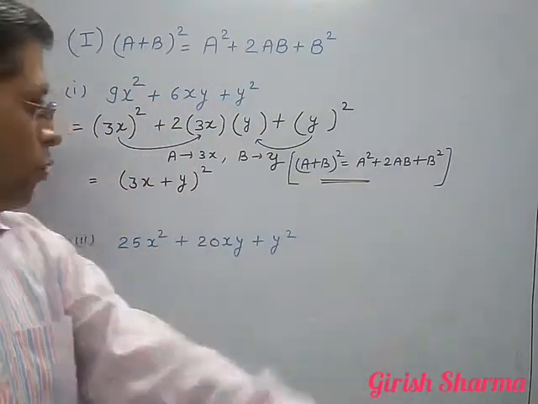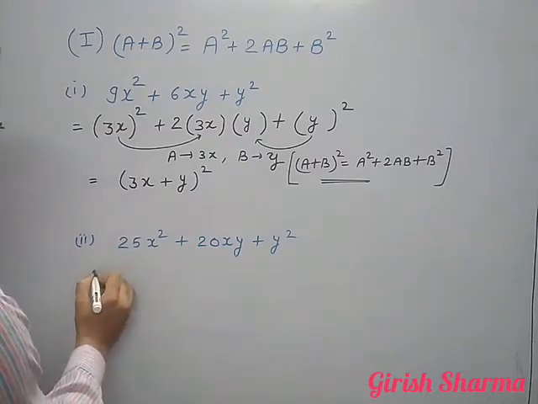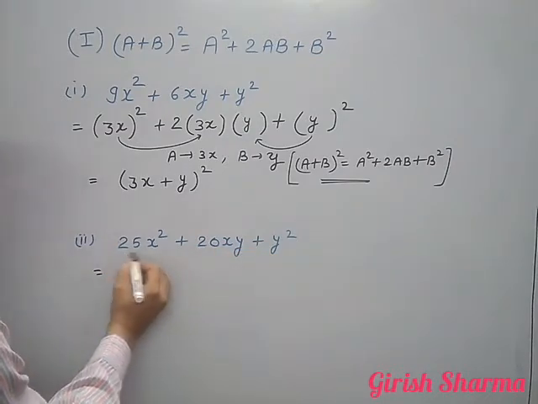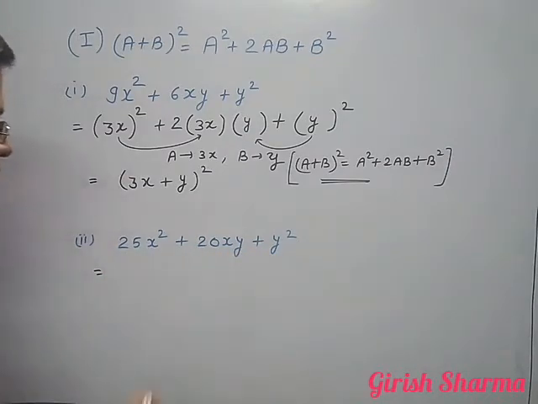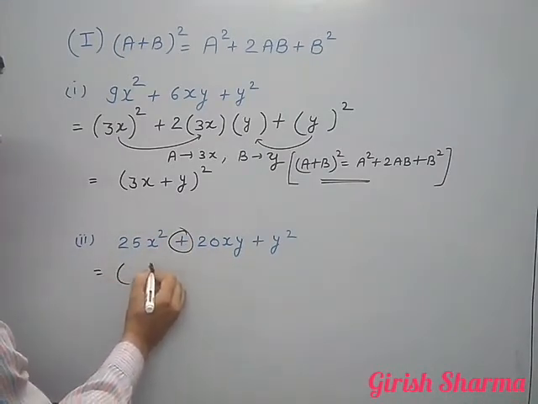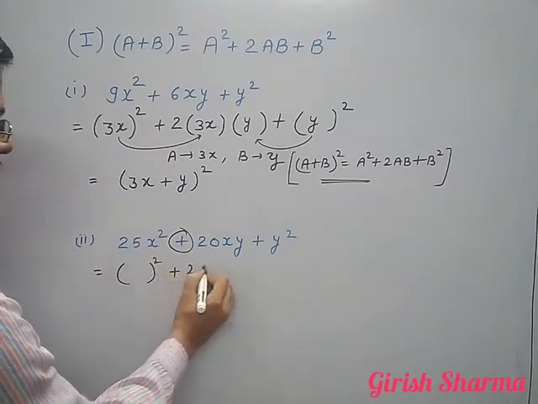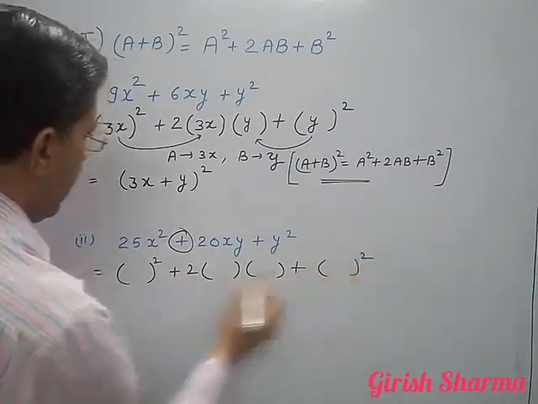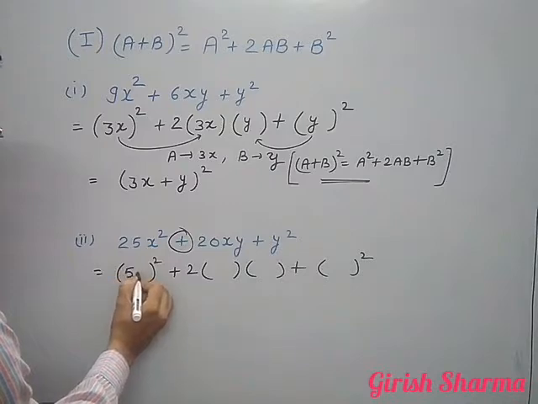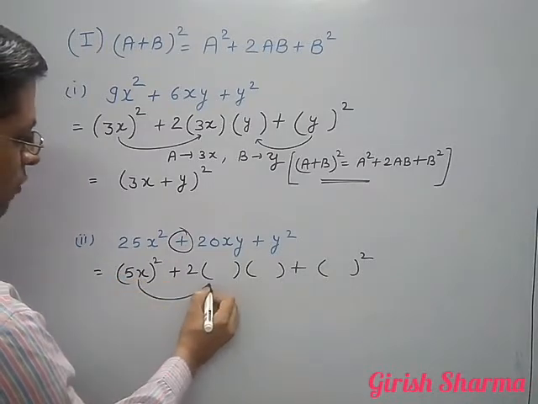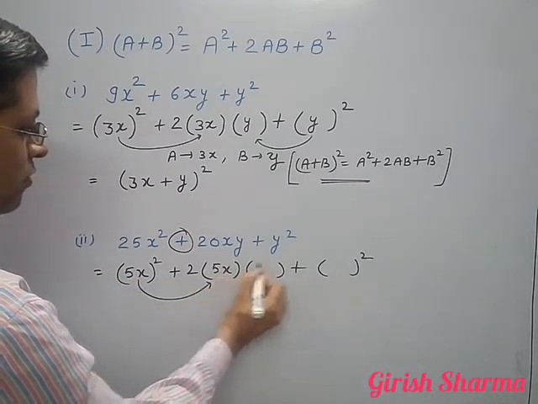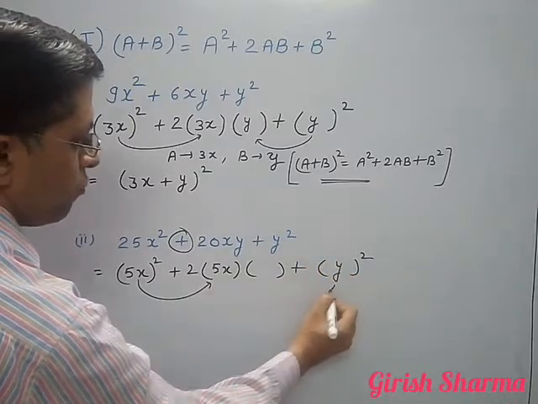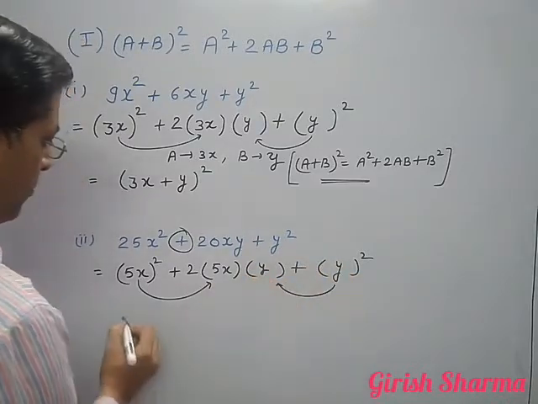Come on, one more we are doing. See here, this is the same kind of question, a square plus 2ab plus b square, because plus is there, the identity of plus. Then I am converting it into standard form. Here is 25 square, so I can write 5x inside. Here is y, so put y there inside.